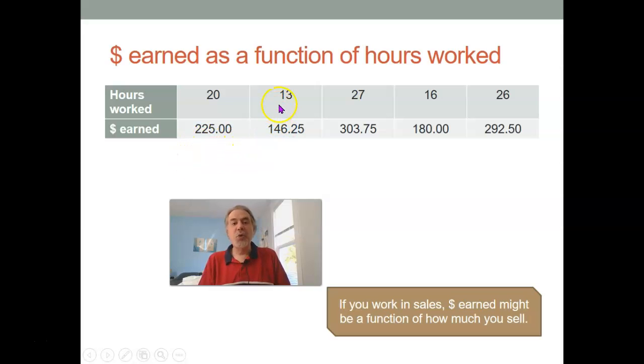Then the next week you worked 13 hours and you earned $146.25. Then you worked 27 hours the next week and earned $303.75. Then you worked 16 hours and earned $180. Then you worked 26 hours and you earned $292.50. But the amount you earned depended on how many hours you worked.